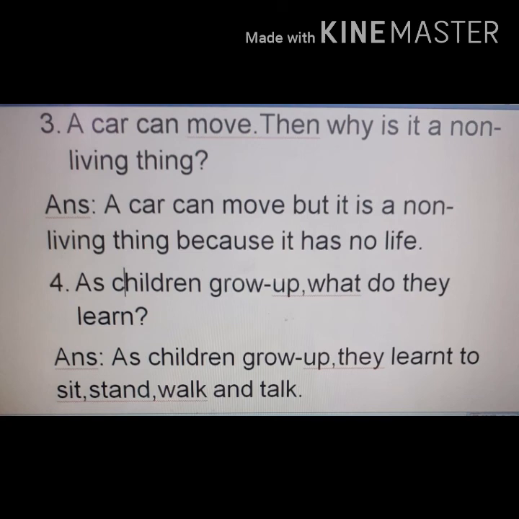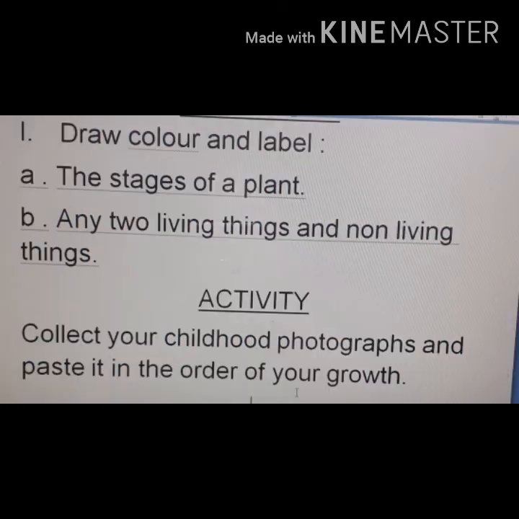Question number 4, as children grow up, what do they learn? Answer, as children grow up, they learn to sit, stand, walk and talk. Students, you do this homework and activity related to this chapter.